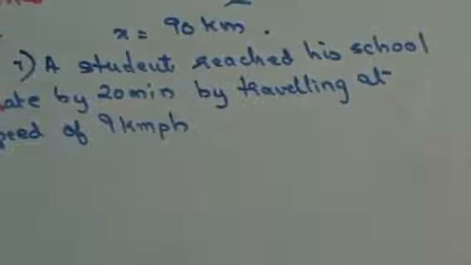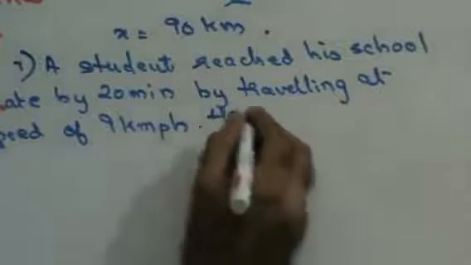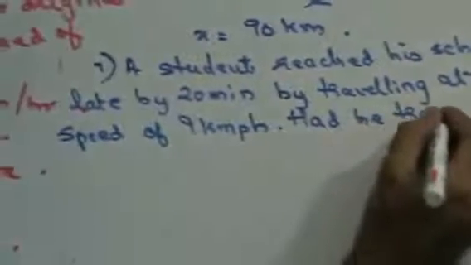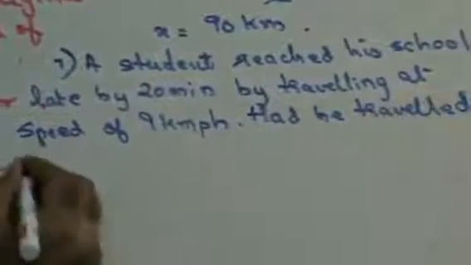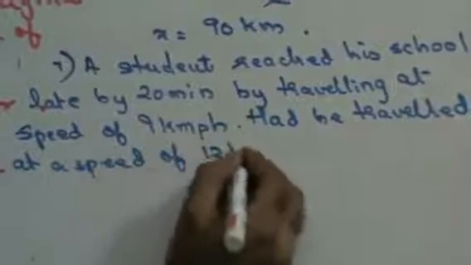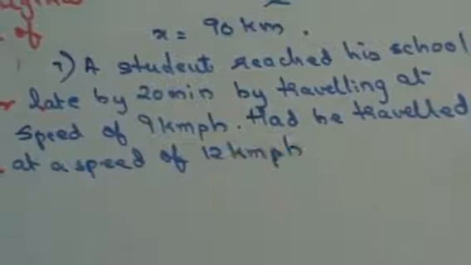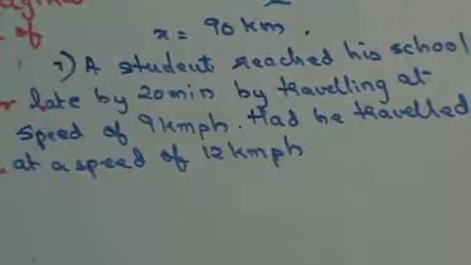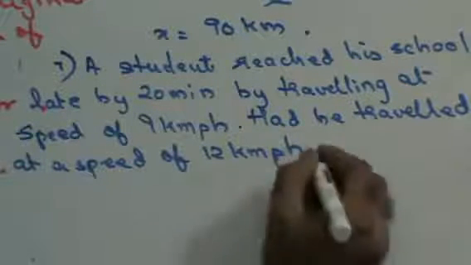Right? Had he traveled at a speed of 12 kilometers per hour, he would have reached his school 20 minutes early.